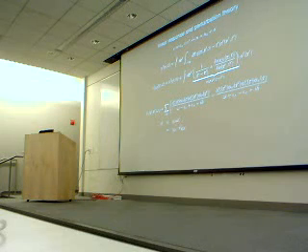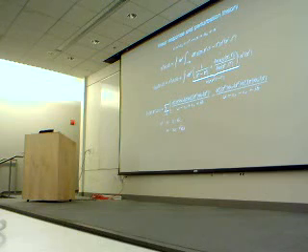Now, let us see. I want to calculate chi. I know chi naught. What I need to close the loop, to close the circle, is a relation between v prime and v prime KS.